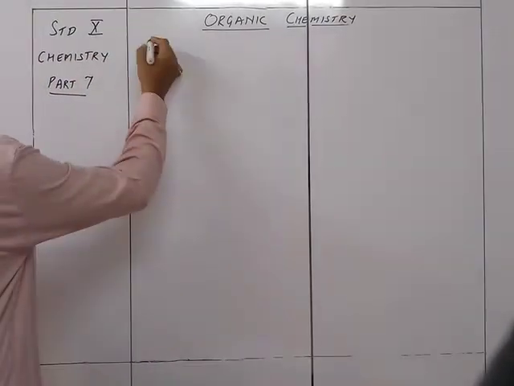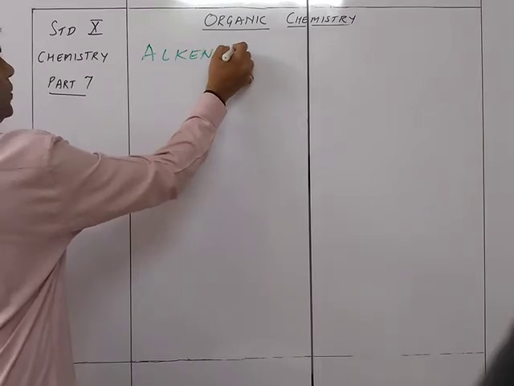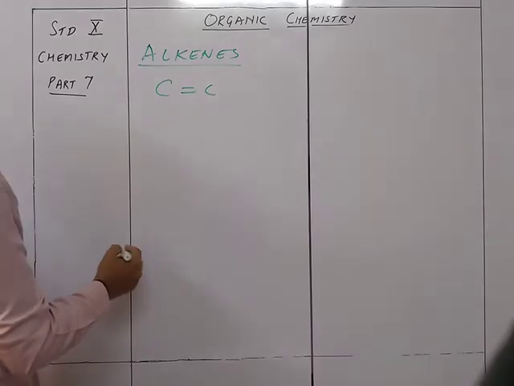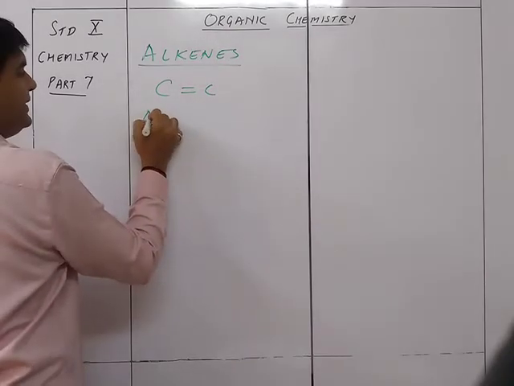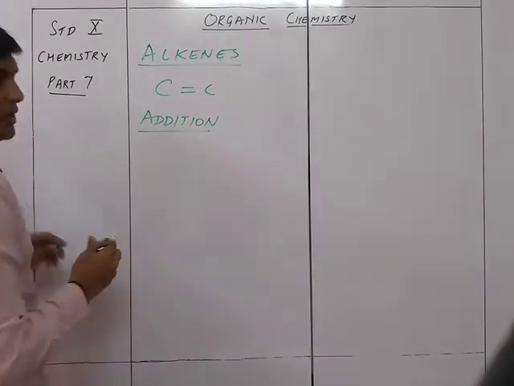So next what we have is alkenes. Now alkenes, we very well know, are unsaturated hydrocarbons with a double bond, and hence the reaction will be addition reaction. This is something very important to understand.